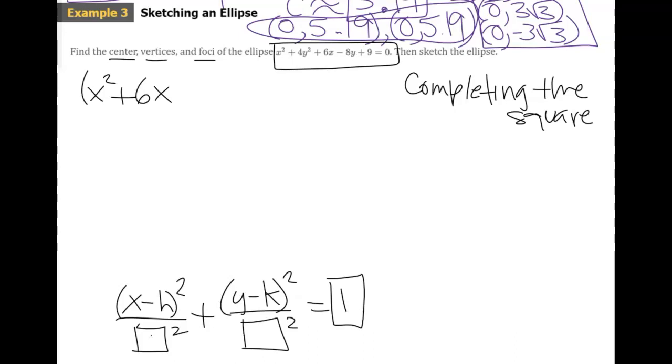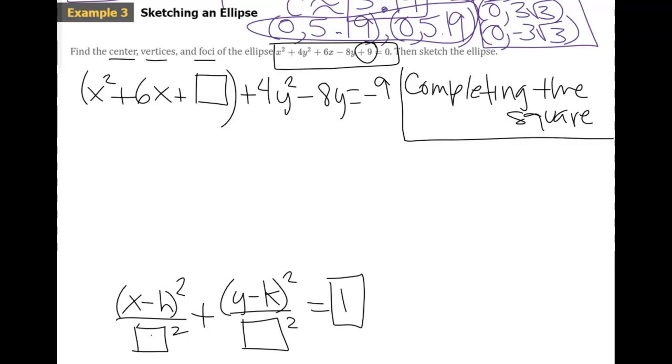Then we're going to have a plus here, and we're going to leave a space here. Then we're going to continue writing our next term, which will be 4y squared minus 8y. And then we want to move the 9 to the right side. So since it's adding on the left, on the right it will be subtracting. So it will look like that.